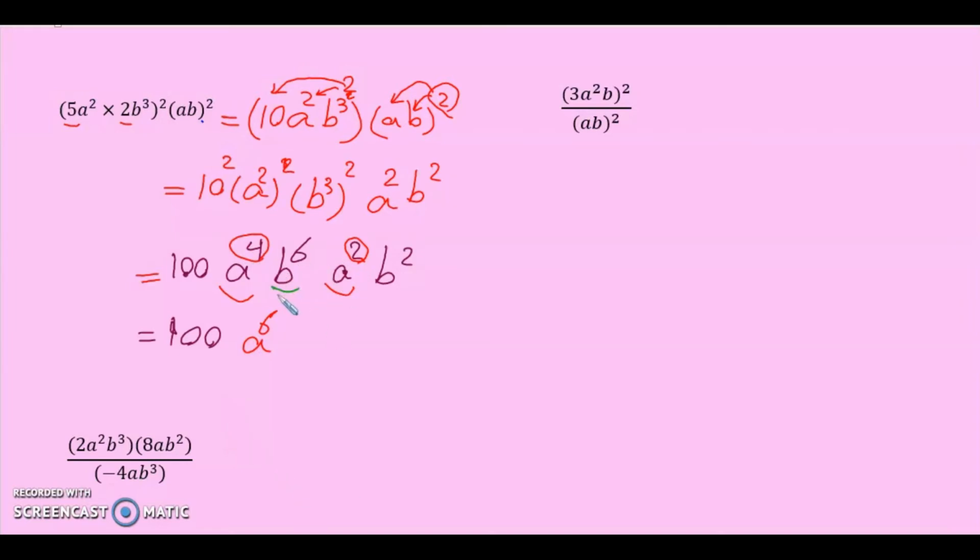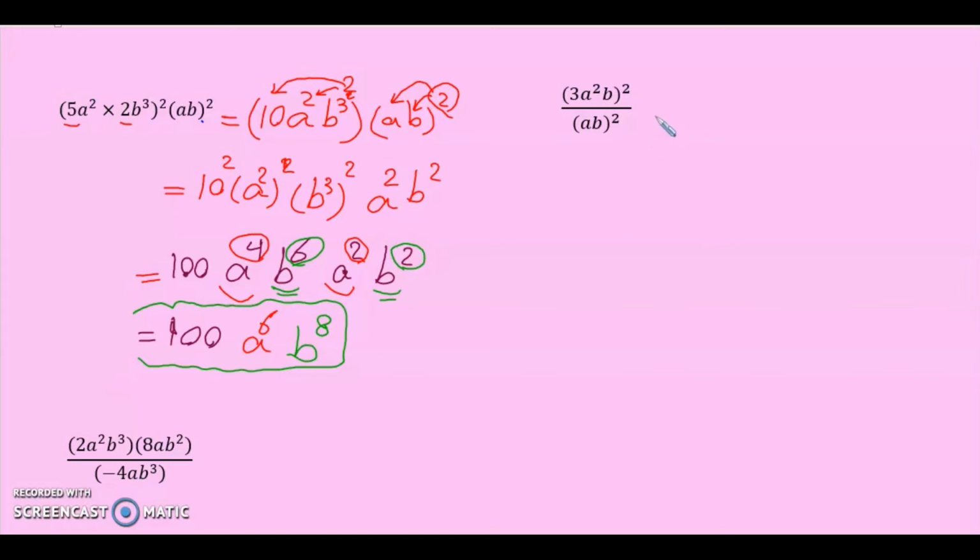I have one b here and another b here. Again, they are supposed to be multiplied. As a result, I have to add this exponent and this exponent together. It would be b, 6 plus 2 would be 8. So this is the final answer for example number 3.